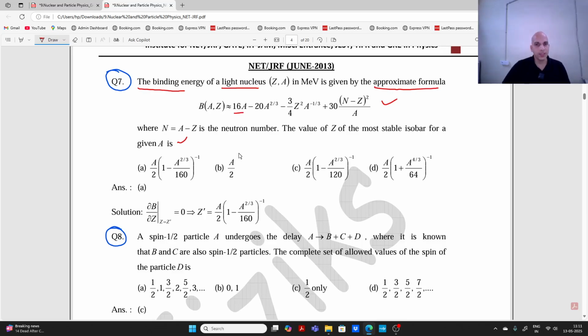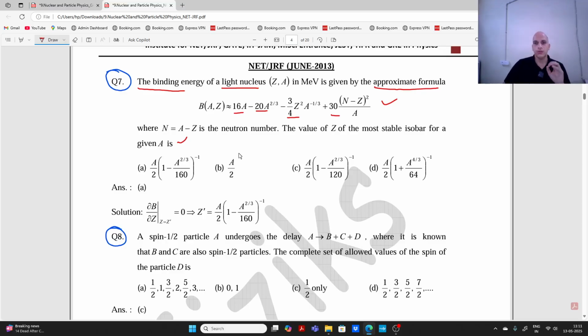It has the volume energy term, surface energy term, Coulomb energy term, symmetry energy term, and the pairing energy term is taken as 0. It means the nucleus has an even-odd or odd-even structure, because for them the pairing energy term is equal to 0. For even-even it is positive, for odd-odd it is negative.